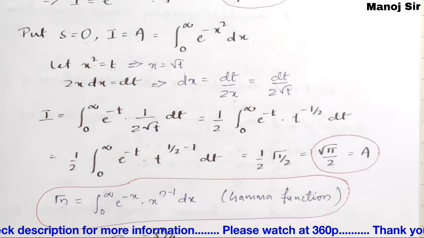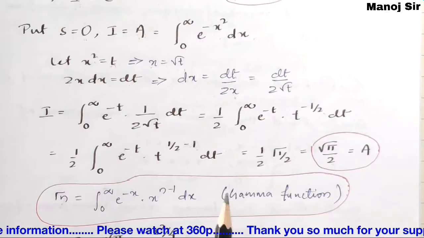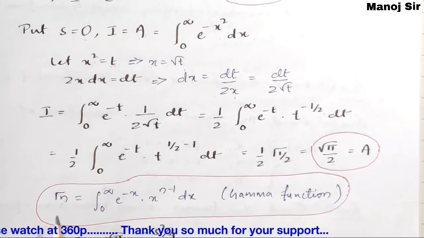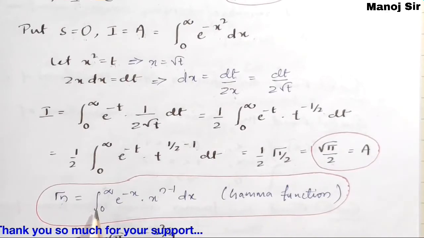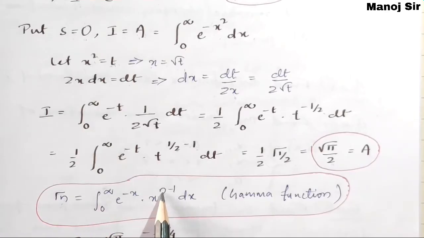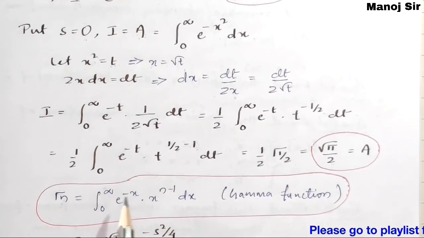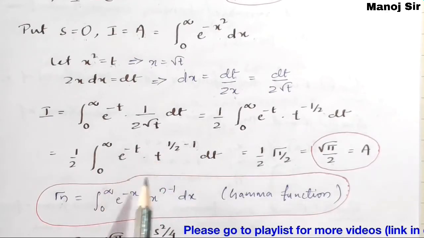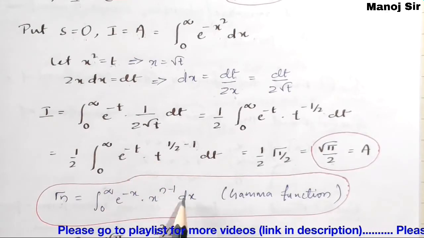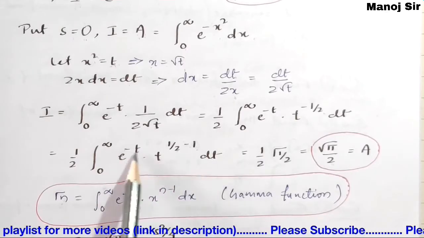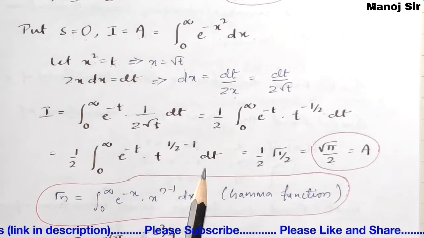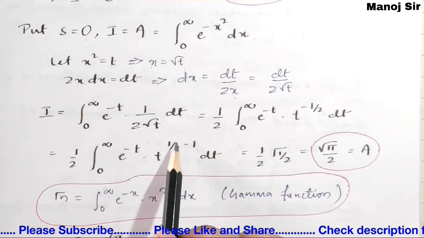Now you must be aware of the gamma function. What is the gamma function? Gamma of n is equal to integration 0 to infinity e to the power minus x, x to the power n minus 1 dx. If you compare this with this, here the function variable is x, and here it is t. No problem. But here what is n? n is half.